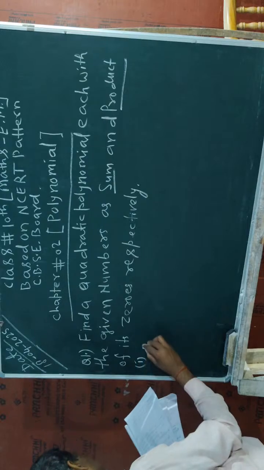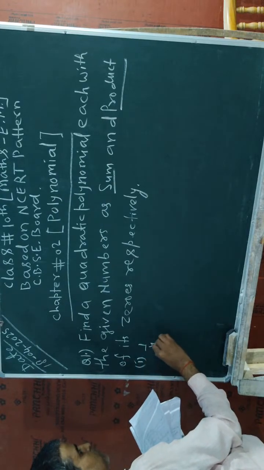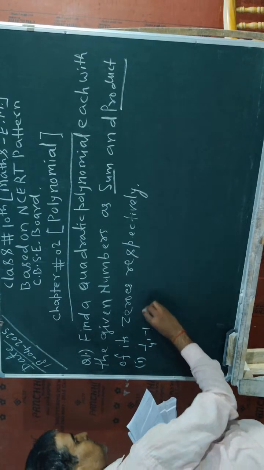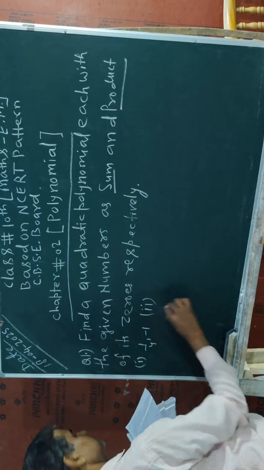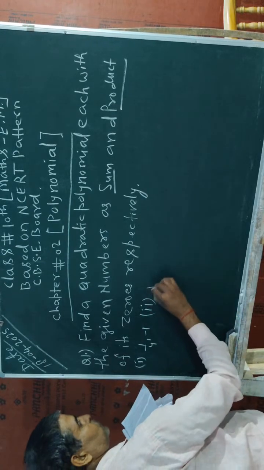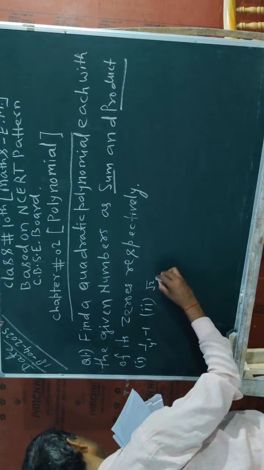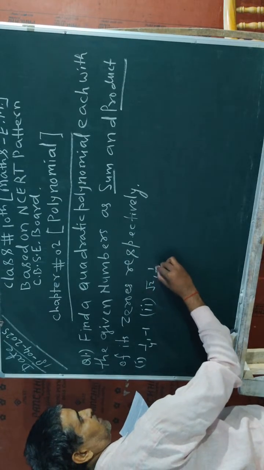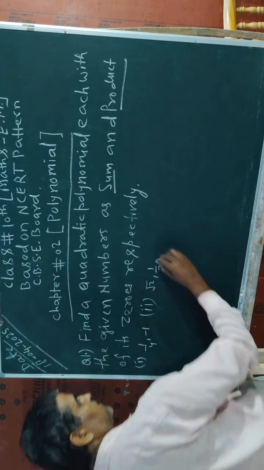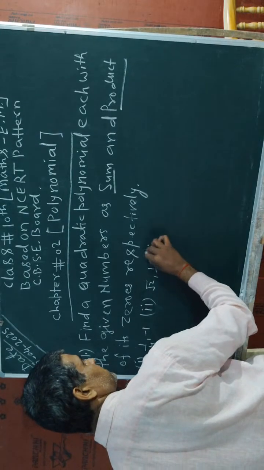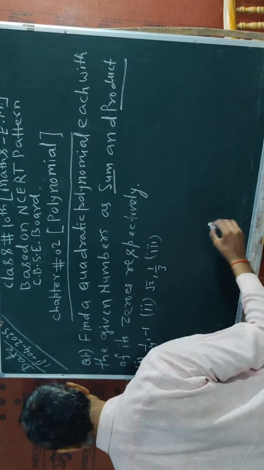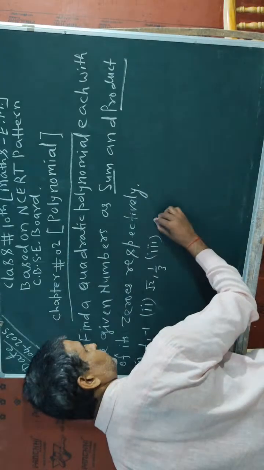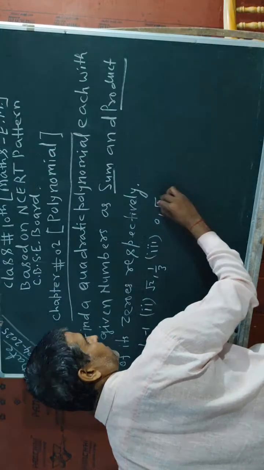One question is 1/4, -1. Second is √2, 1/3. And third is 0, √5.